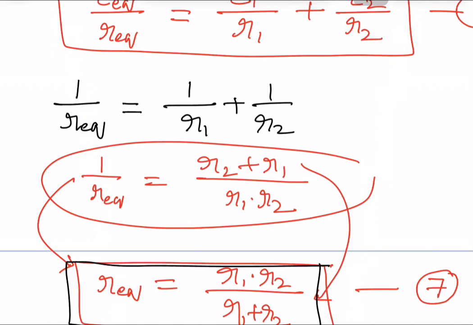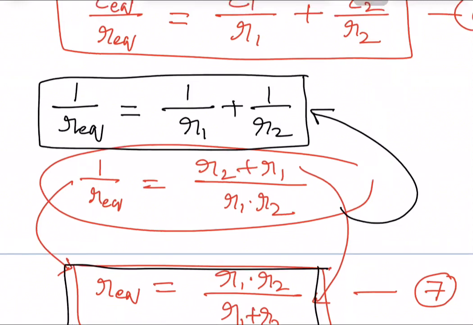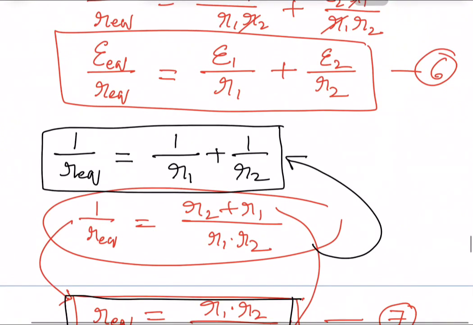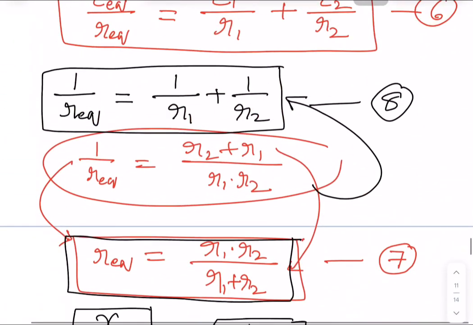So, therefore, you can write 1 by R equivalent is equal to 1 by R1 plus 1 by R2. You can call this equation 8. Maybe the order is slightly different, but you can understand how these equations are obtained.